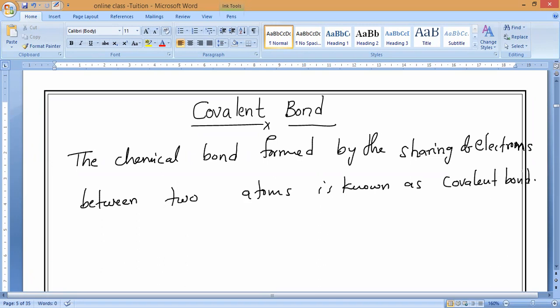Understanding that? Now you tell me: is a covalent bond forming ionic compounds or molecular compounds? Molecular compounds. Very good, Arvind. Any other?